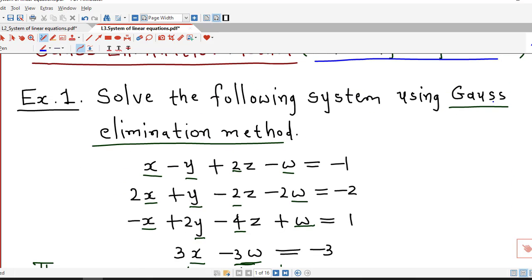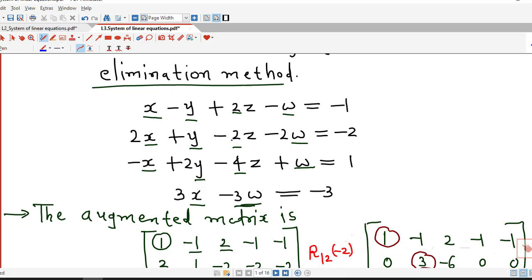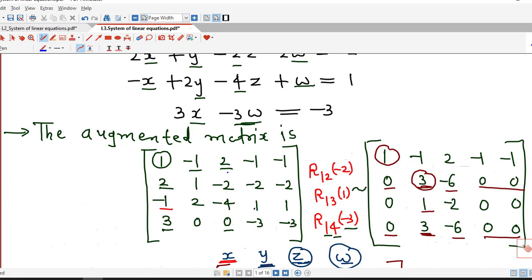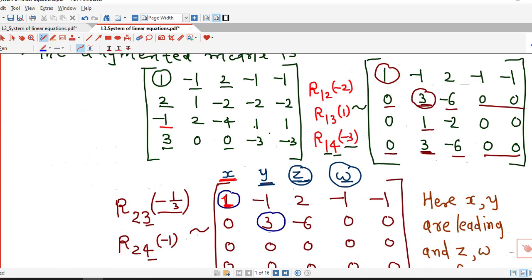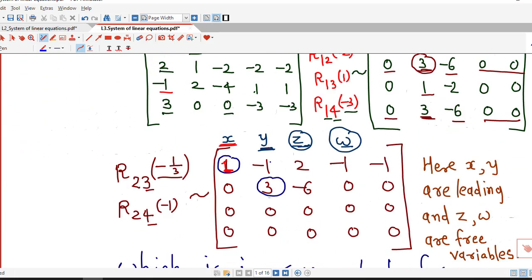So the Gauss elimination method says that first we have to write down the augmented matrix corresponding to the given system, and then we convert the augmented matrix into row echelon form. In row echelon form, we concentrate on the first non-zero entries of each row, and the variables corresponding to first non-zero entries are called leading variables, and the remaining variables are called free variables.